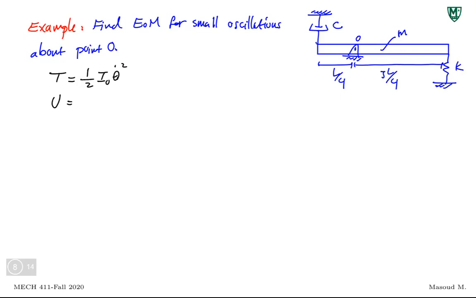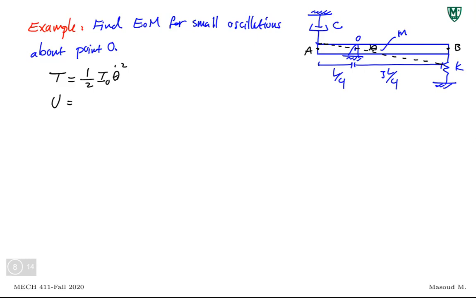I'll call theta double dot, assuming that we have some small rotation, and this angle is theta. That's pretty much it. Let me call this A and call this B on the rod from the equilibrium.